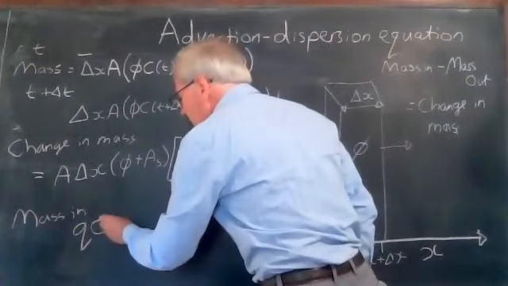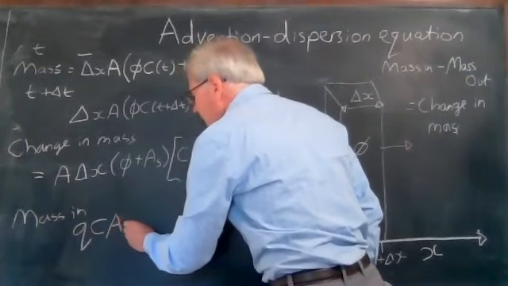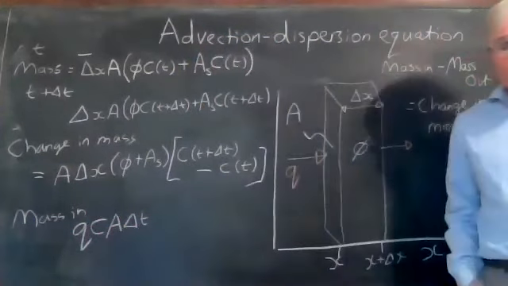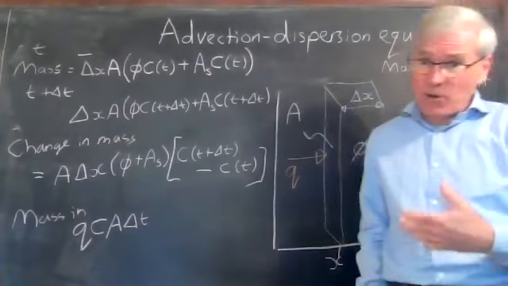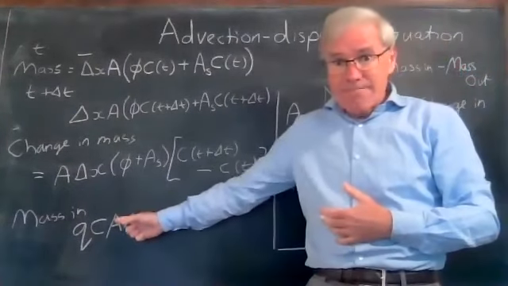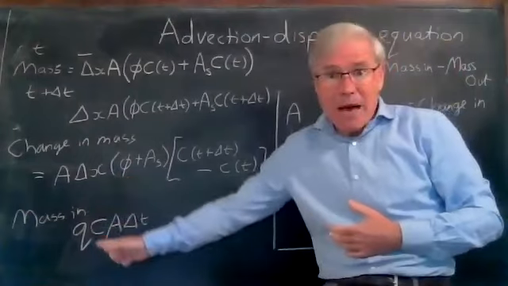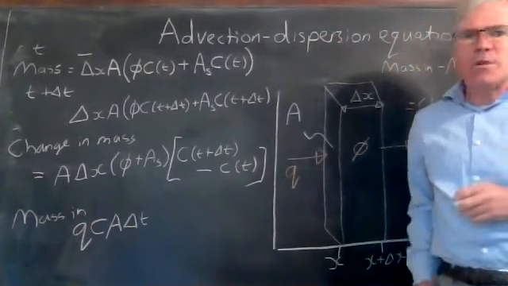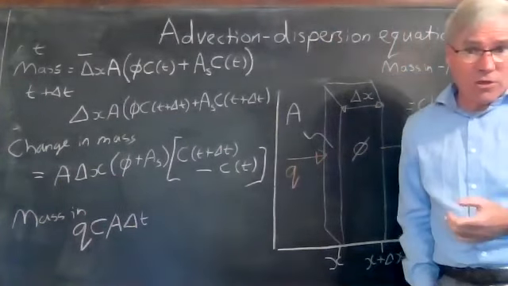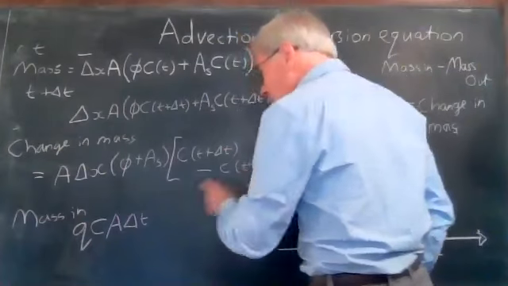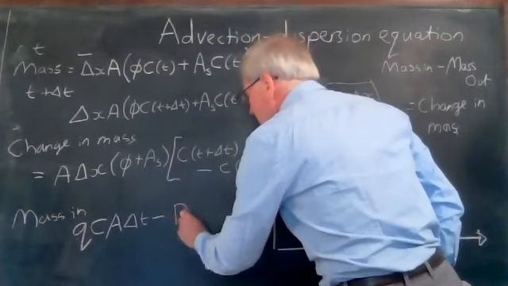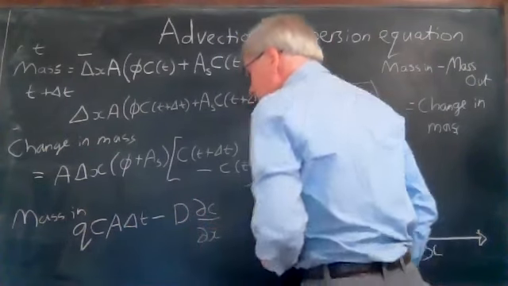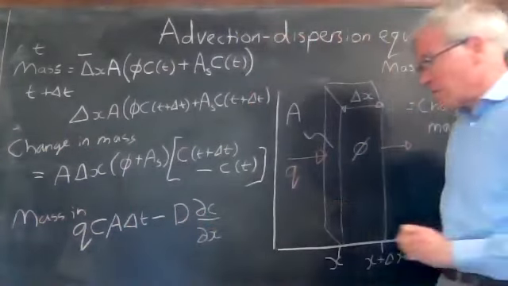If we multiply q by area, and then by delta t, q A delta t is the total volume of fluid that flows, the total volume of water. C is a mass per unit volume, so this gives you the mass in. So that's the mass due to advection. But what about due to dispersion? The dispersion we've just shown has a magnitude D dC/dx. That's a mass per unit area per unit time.